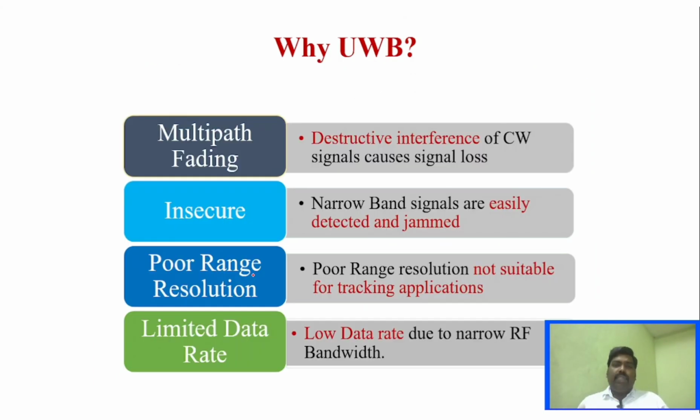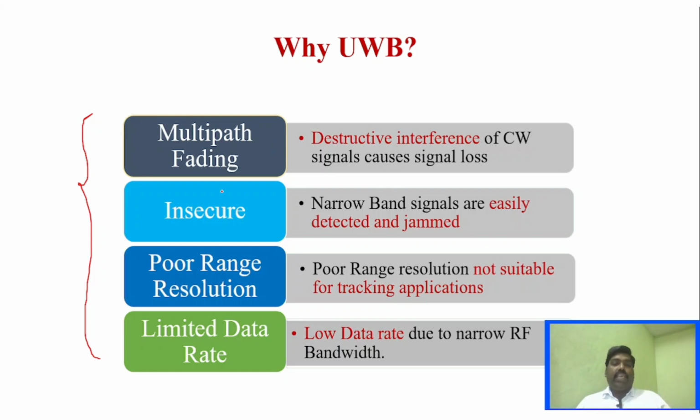And why do we have to go for UWB? Because of all these advantages. All these are drawbacks of narrowband systems, where multipath, I have already explained in the first video about short range communication, what is multipath communication, right? And definitely that multipath fading is a very important drawback in narrowband systems, but it is overcome in UWB.